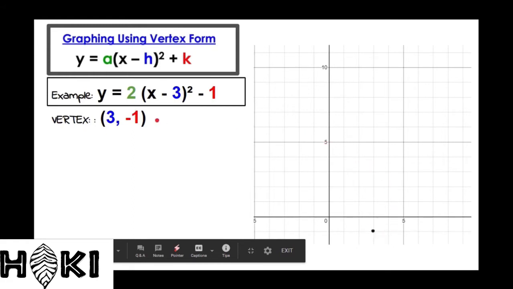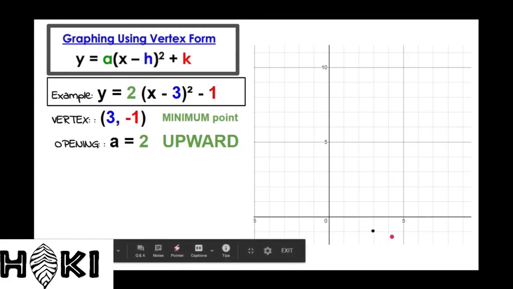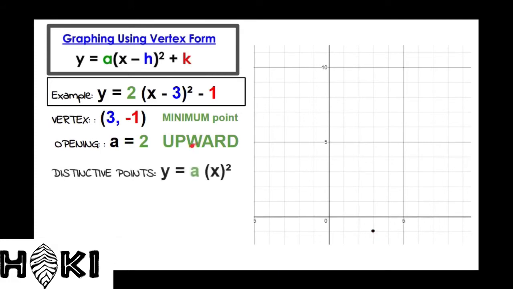Next, let's identify now the opening. Since a is positive 2, the parabola opens upward. And that makes the vertex the minimum point. Okay, so meaning there will be no points under the vertex. Next, let's identify the distinctive points so that we can graph the parabola.